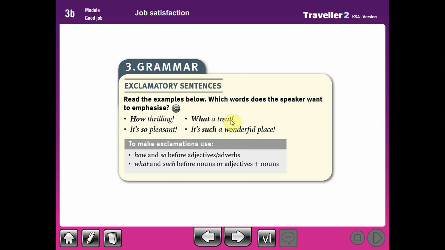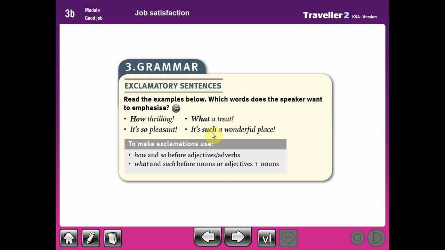Or plus an adjective and a noun. What a treat. What a treat means, okay, when I say what a beautiful mountain, what a nice book, what an exciting story. So we can use what plus a noun like treat here, or we can use what plus an adjective, then a noun.